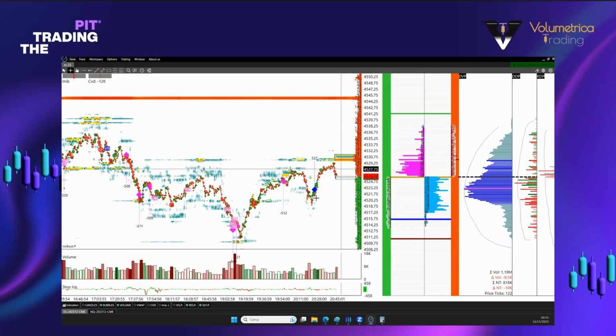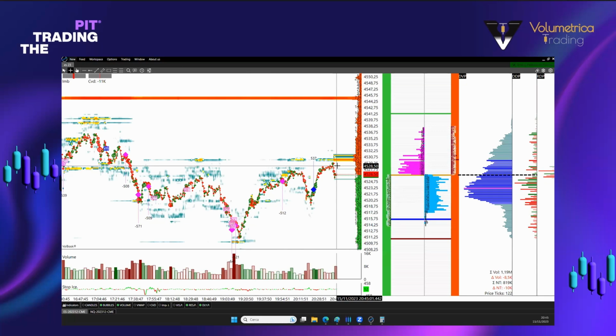So maybe, just to recap a little bit, let's assume we have an absorption of buyers spotted in the footprint somewhere here, and we also have some liquidity being above price, acting as possible rejection. Of course, we have a confluence generated directly by the order flow.